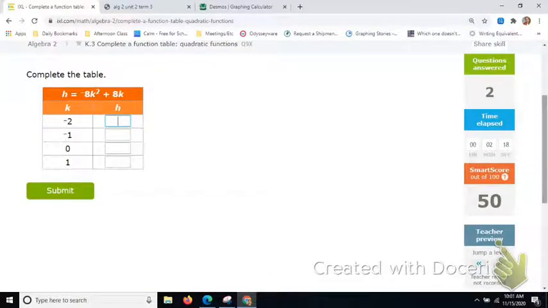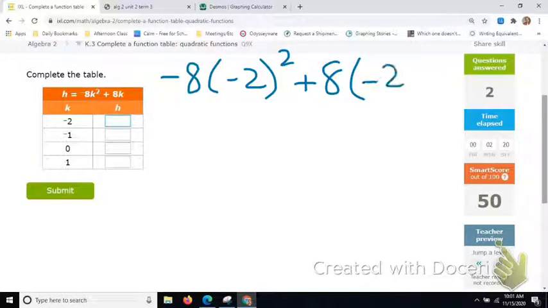You want to be really careful that you're actually typing everything in if you're going to use the calculator. So negative 8 times negative 2 squared plus 8 times negative 2. Negative 2 replaces both the k's. So this becomes positive 4, and positive 4 times negative 8 is negative 32.